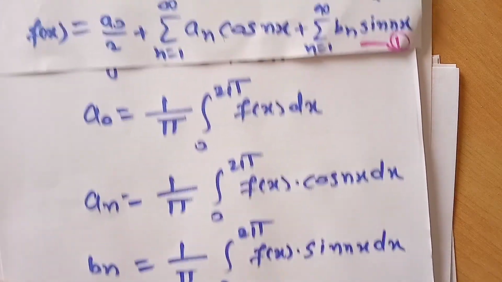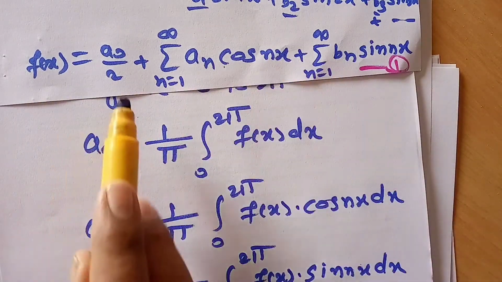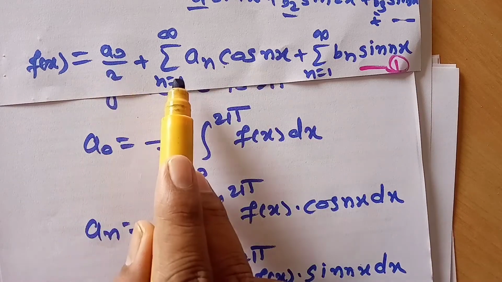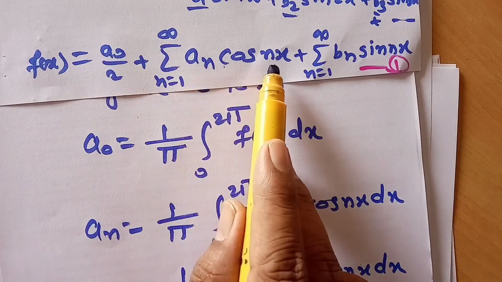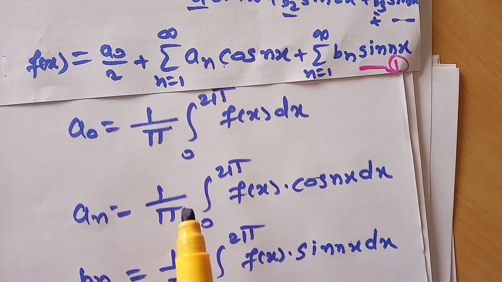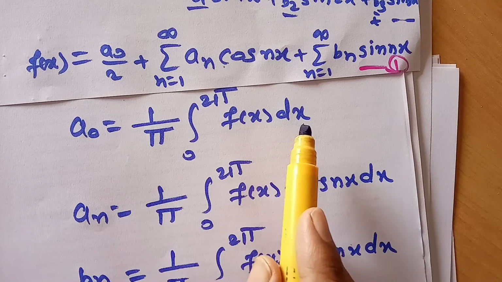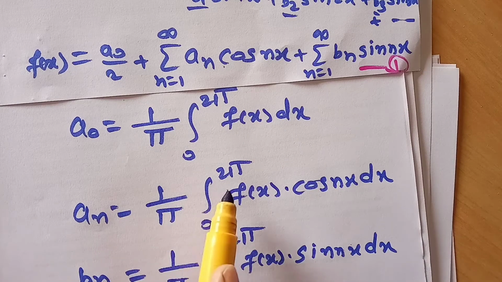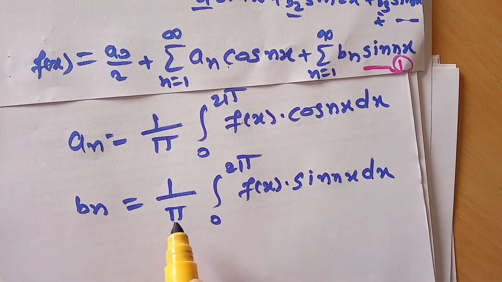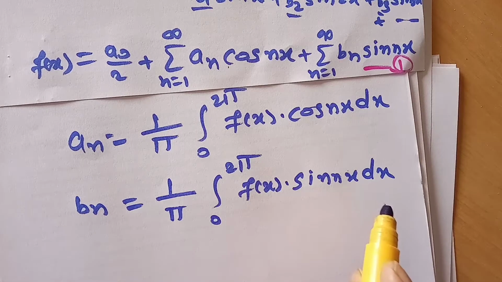Here we get a periodic function, and we can write it in this form. This is called Fourier series or Fourier expansion: a0 divided by 2 plus summation n equal to 1 to infinity a_n into cos of nx plus summation n equal to 1 to infinity b_n into sin of nx, where a0 equal to 1 upon pi integration 0 to 2 pi f of x into dx, a_n equal to 1 upon pi integration 0 to 2 pi f of x into cos of nx into dx, and b_n equal to 1 upon pi integration 0 to 2 pi f of x into sin nx into dx.